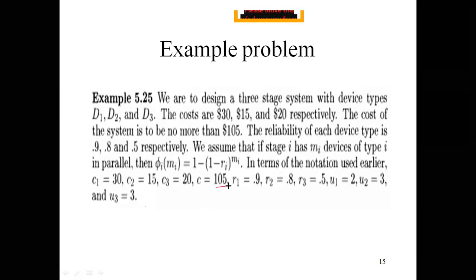See, 105 is the total allowable cost. And C1 cost is 30, C2 cost is 15, C3 cost is 20.